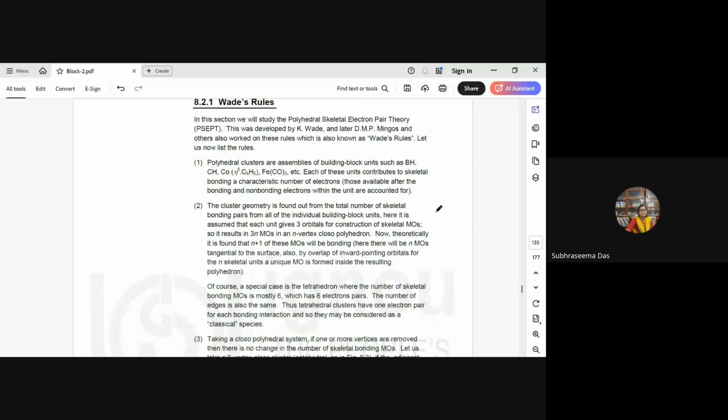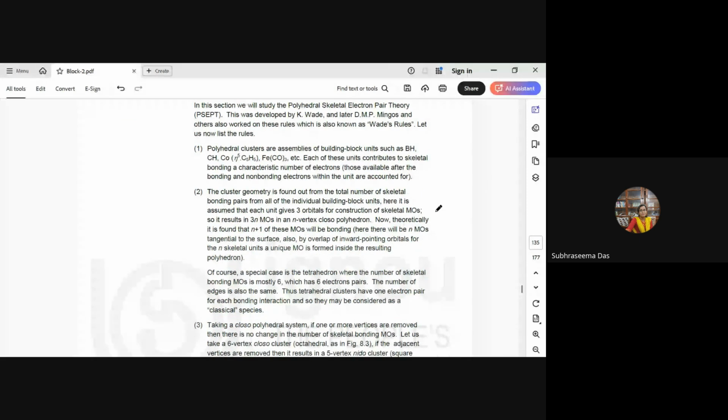The first point is that polyhedral clusters are assemblies of building block units such as BH, CH, CO, CP or Fe(CO)3. Now, these units contribute a particular number of electrons to skeletal bonding, those available after the bonding and non-bonding electrons have been taken care of.